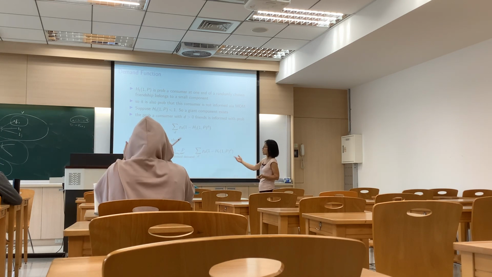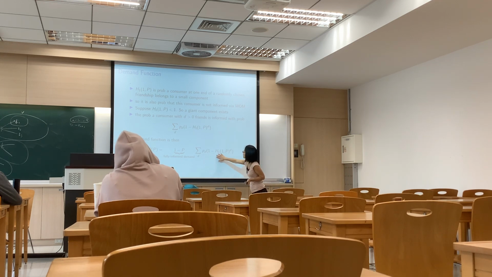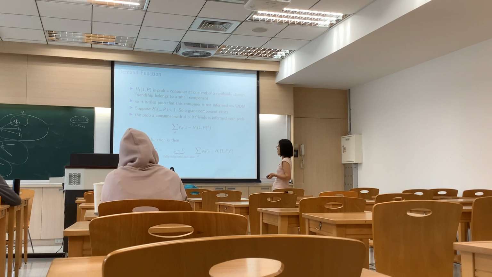Okay, so once you have the demand function, then it's a standard monopolist problem. It's just that we need to look at the property of this function, the probability that I's friend is not informed.